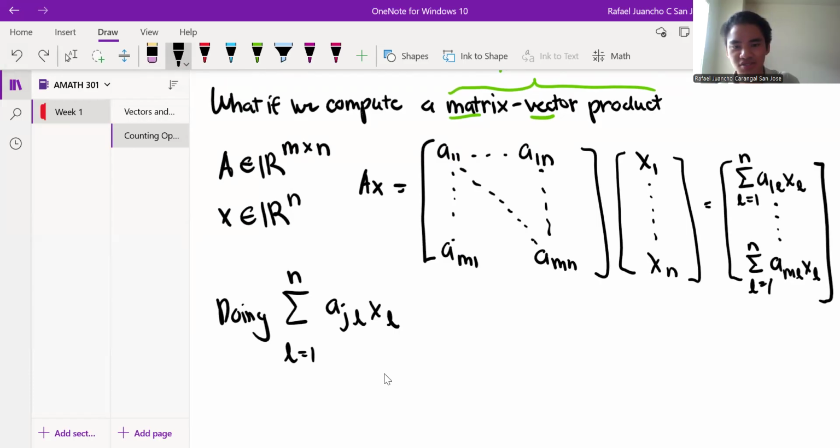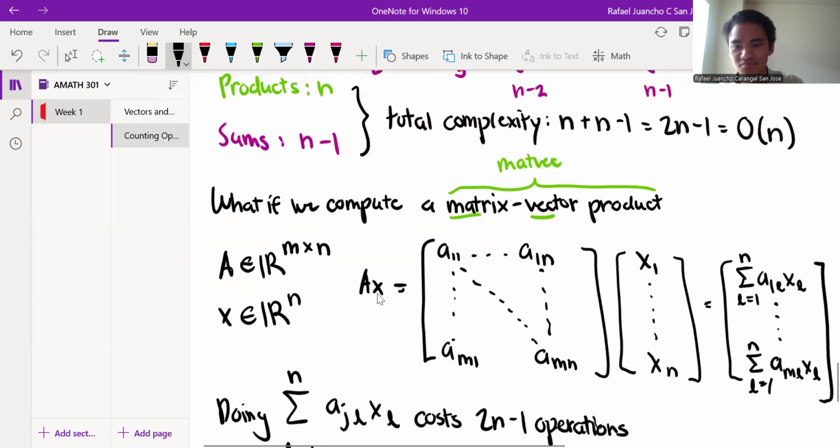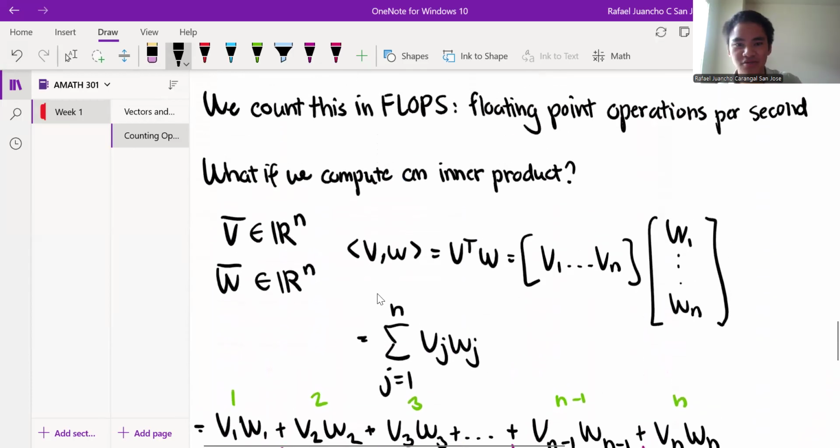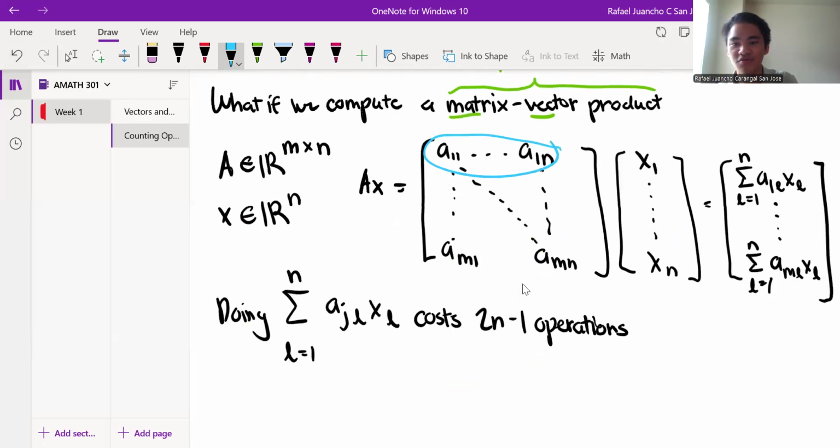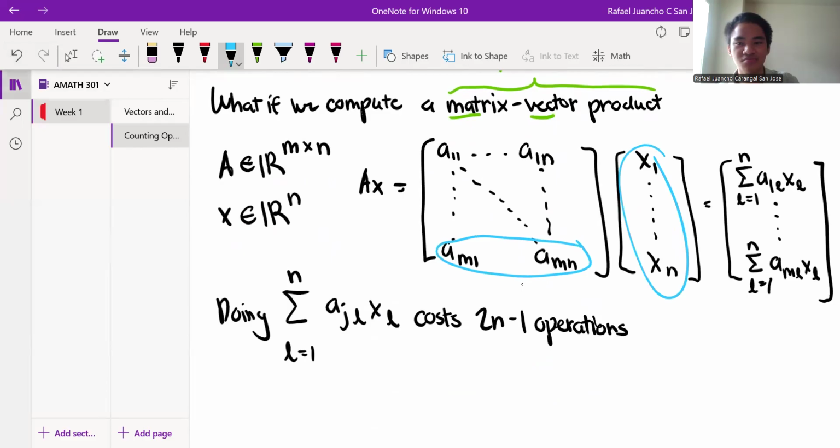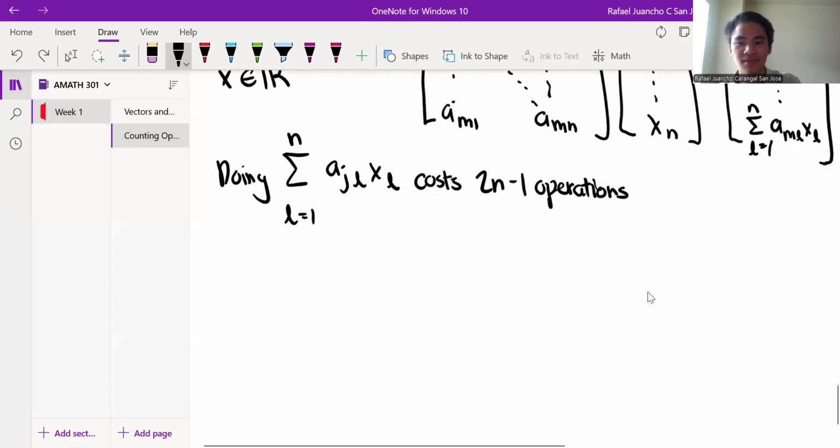So how many operations is this summation? Well, it's going to cost 2n minus 1 operations, or that's the total complexity. We mentioned it here, right? Doing this, that's 2n minus 1. It's the same as doing one of these. That's 2n minus 1.